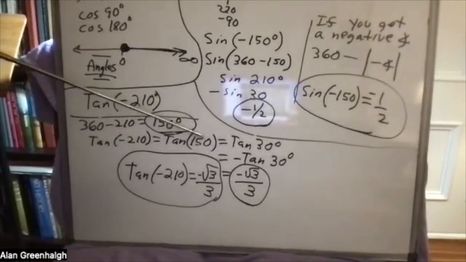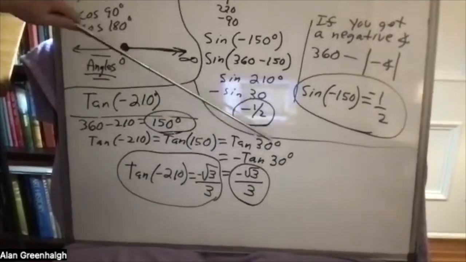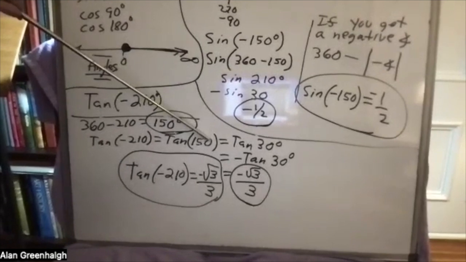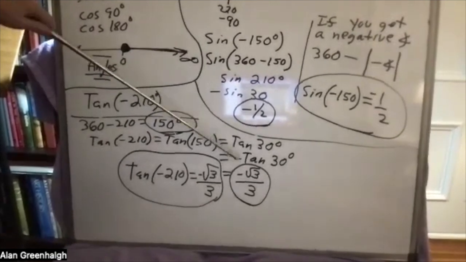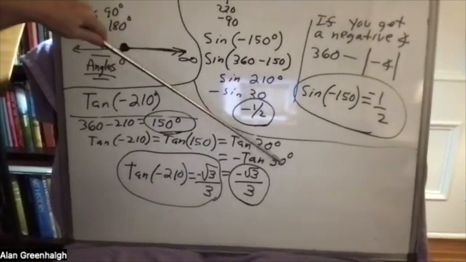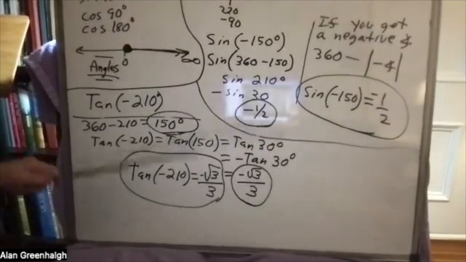And then it's a second quadrant angle, 150. 180 minus 150 is 30. But in a second quadrant angle, tangent is negative. There's the negative. And looking at the chart for the tangent of 30, that's going to be the square root of 3 over 3. And that's the answer to the question.